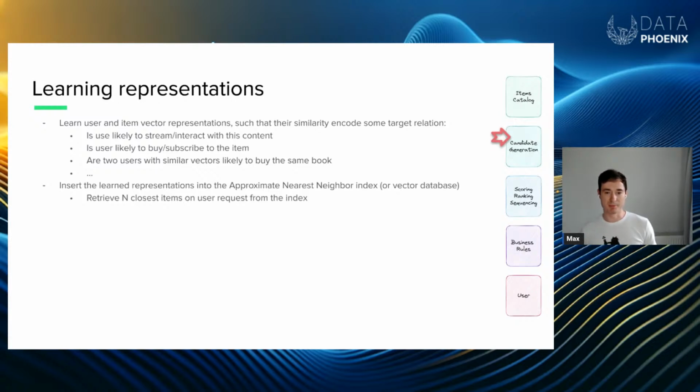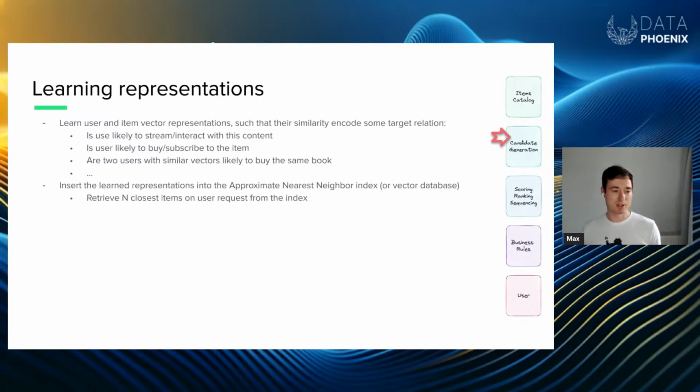Once you have those vectors computed for the users and the items, you can then insert them into a so-called approximate nearest neighbor index, or recently it's also called a vector database. Whenever you get a request from the user and you need to generate the candidates, you take the user vector and give it to the approximate nearest neighbor.